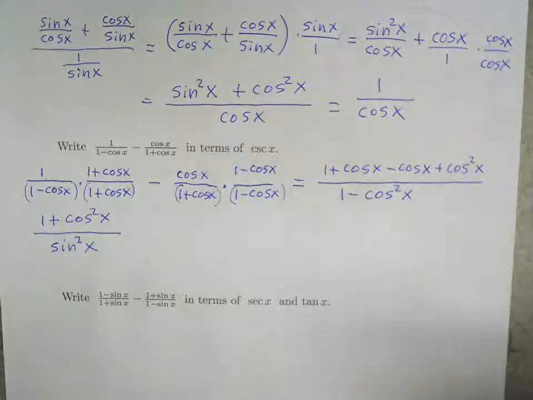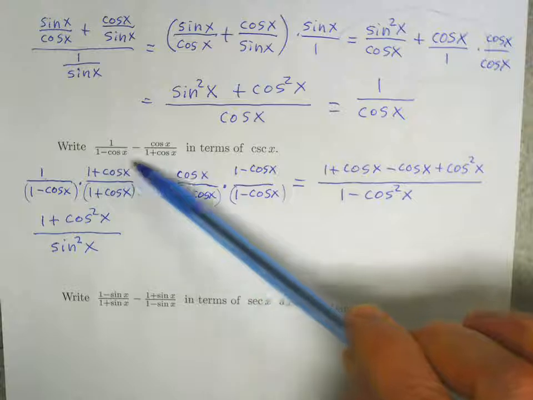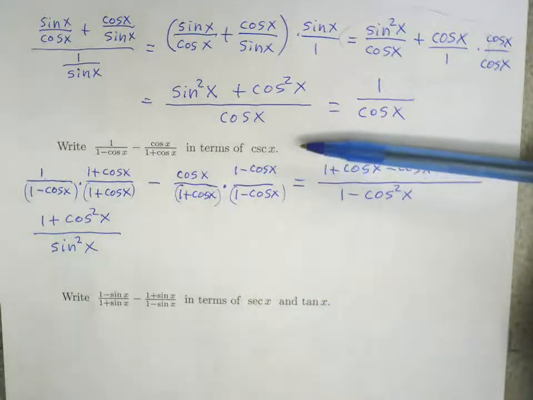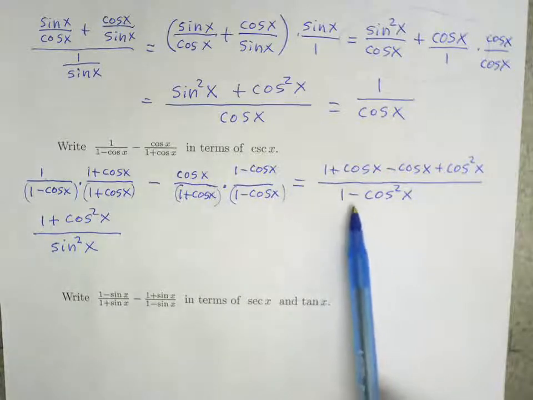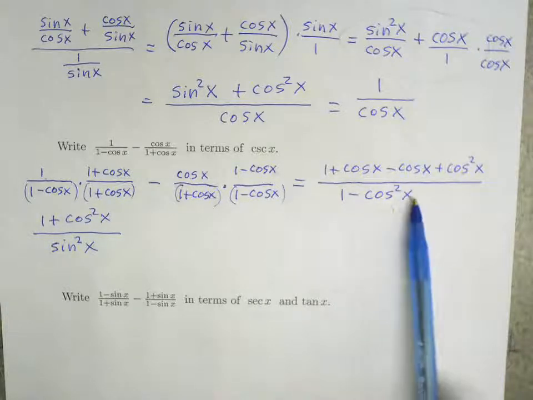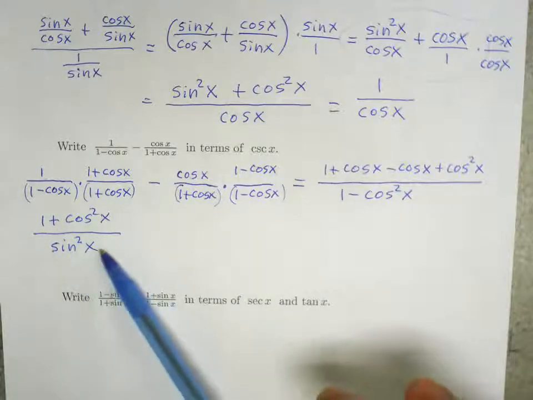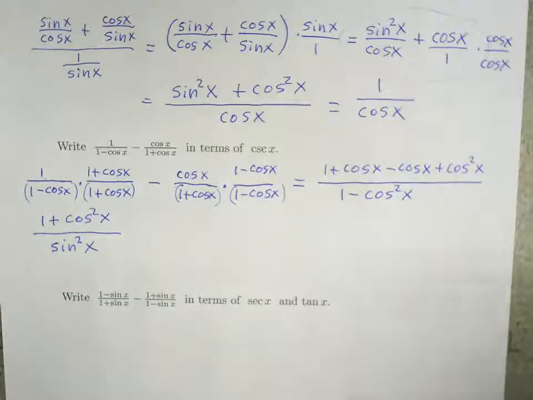So just to harken back to what we're trying to do, we're trying to write the original expression in terms of cosecant of x, which is the reciprocal of sine of x. So that was what I was focusing on when I replaced 1 minus cosine of x squared with sine of x squared, because I can replace sine of x squared in terms of its reciprocal cosecant of x.